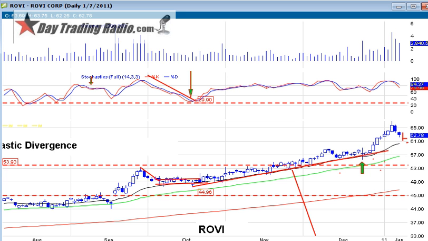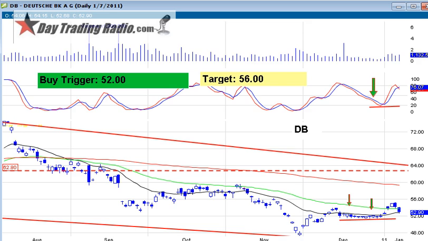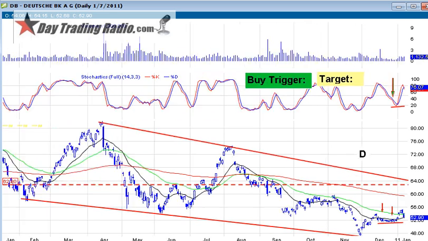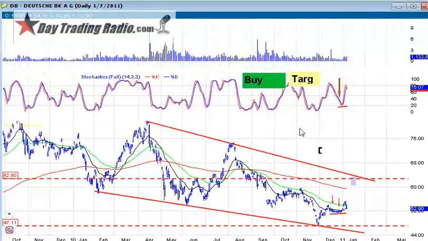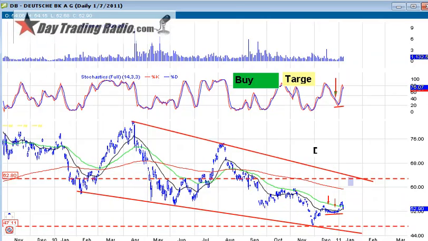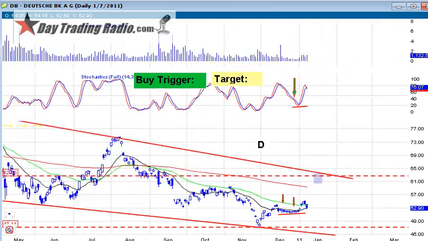ROVI. Deutsche Bank was a beautiful, larger wedge pattern, a textbook pattern right here. You can actually see how nice it is, right? Just very organized. Boom, boom, boom, boom, boom. So the call for this one was to break up, because look at the stochastics. What a signal that was.